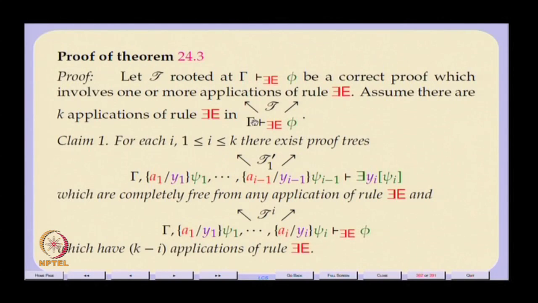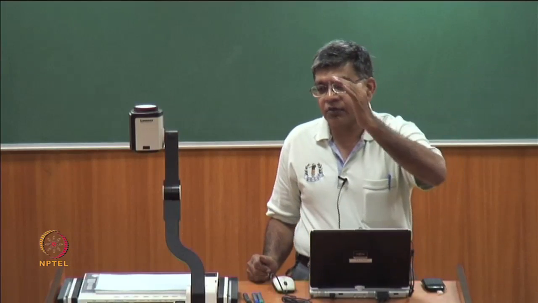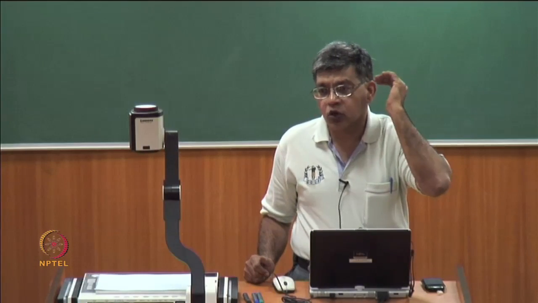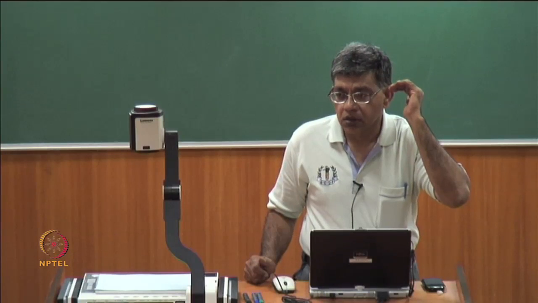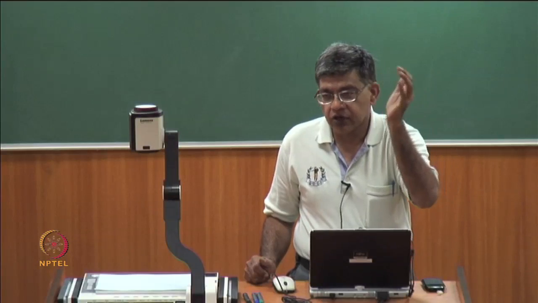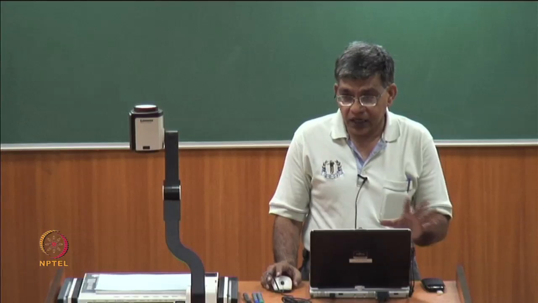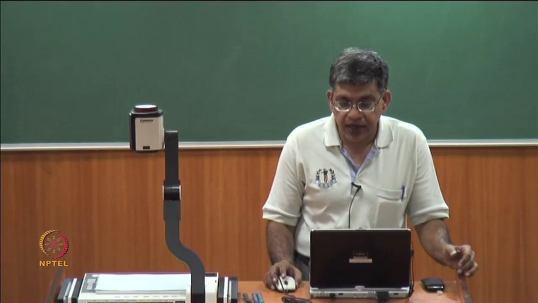So, what you need to do is identify an order of the applications based on the level in the proof tree, so that you start off by eliminating the ones closest to the leaves, and once you have eliminated all those, you get different proof trees, because you will now add those things as assumptions.